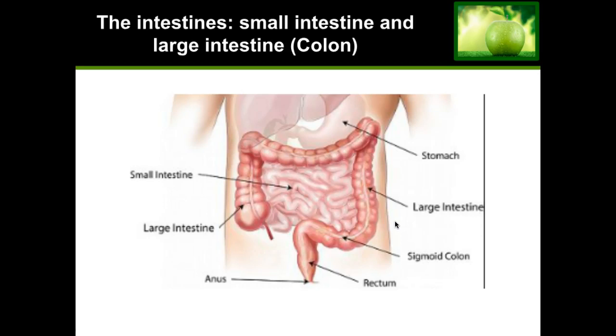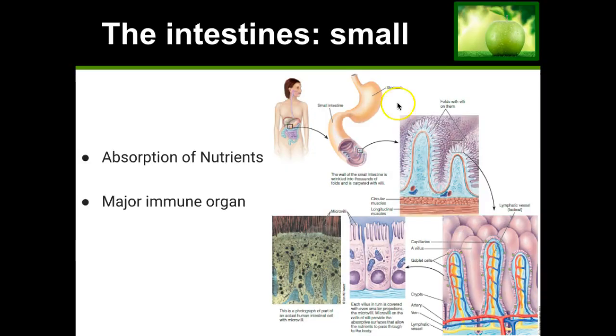Next, let's talk about the intestines. The small intestine here in the middle and the large intestine or colon. The small intestines are the major organ through which nutrients are absorbed.